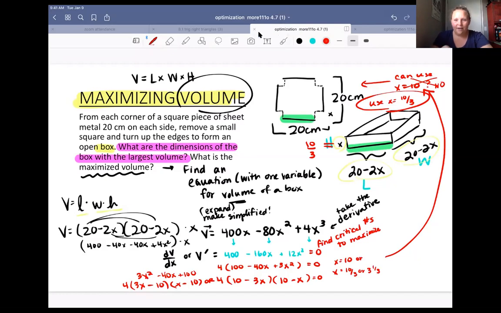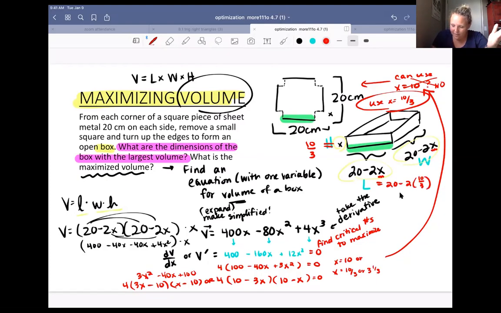Plug them in. Plug them in where? Like plug 10/3 into x for 20 minus 2x. Yeah, because those are the same sides. So if you plug them in to the length and the width, like the expression that you made for them, then you can get that this is 20 minus 2 times, I'm not going to do it twice. It's literally the same number. But you need to be exact.